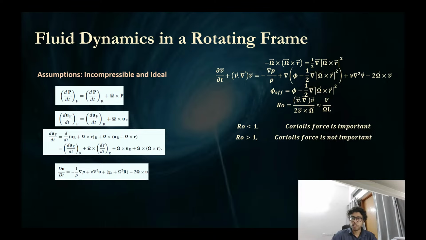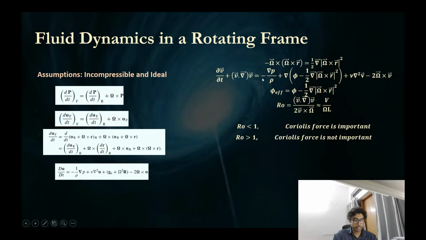Okay. Now we introduce another important parameter, which we call the Rossby number. It comes from the fact that if you consider steady state, del t will be 0. If you neglect the viscosity, that is for an ideal fluid, this term will also go to 0.